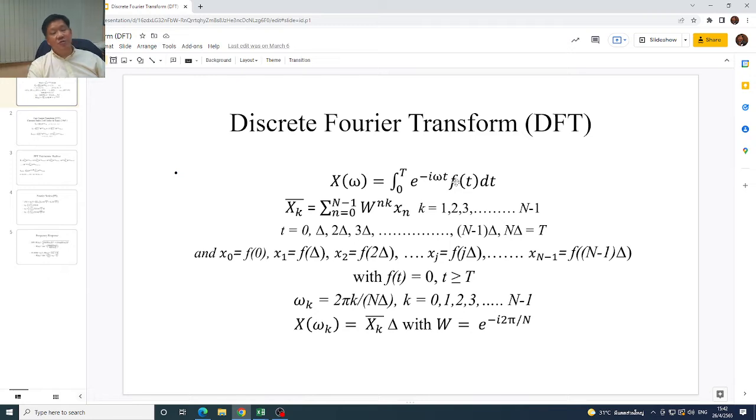You go back to the well-known idea that the integral is the area under the curve, so you can discretize f of t to a very small value.